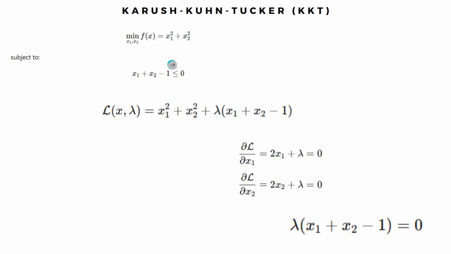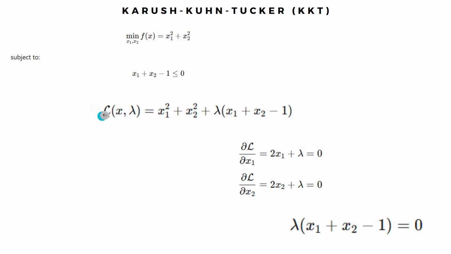In this case, we are minimizing it, so we are looking for the smallest value it can take. But we are not working without restrictions. There's a constraint, which is given like that: x sub 1 plus x sub 2 minus 1 is less than or equal to 0. This means that the sum of x1 and x2 can't exceed 1. So the solution we are looking for must lie within this boundary.